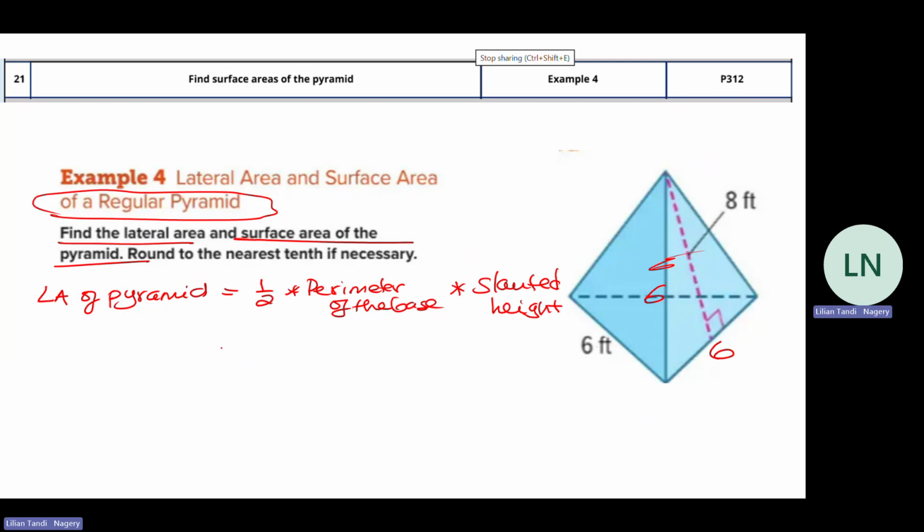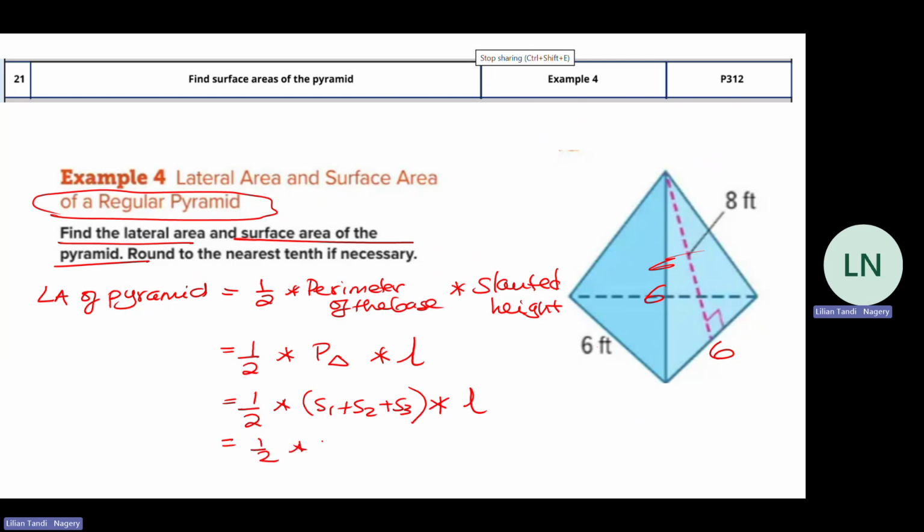So it's half times the perimeter of the triangle times your L, which is the slanted height. Half times the perimeter means add side 1 to side 2 to side 3, because a triangle has 3 sides. Now put your values.